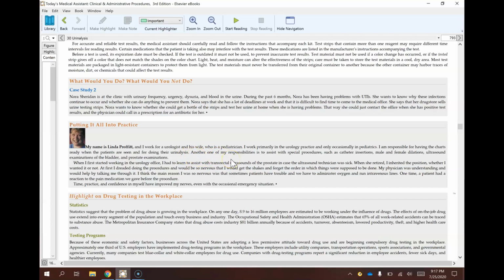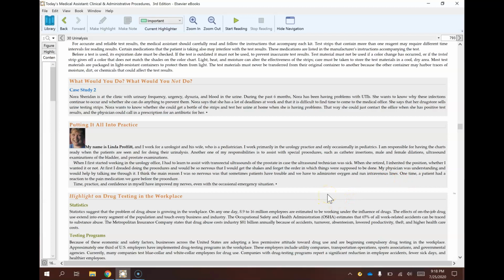In order to do that, she has to become super familiar with the expectations of the provider she's working for. So she says when she first started working for the office, she had to learn how to work with transrectal ultrasound of the prostate in case the ultrasound technician was sick. When he retired, she inherited the position whether she wanted it or not.